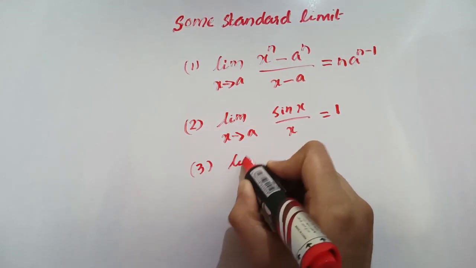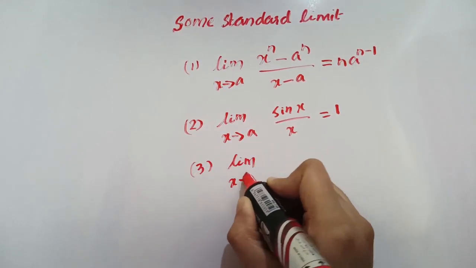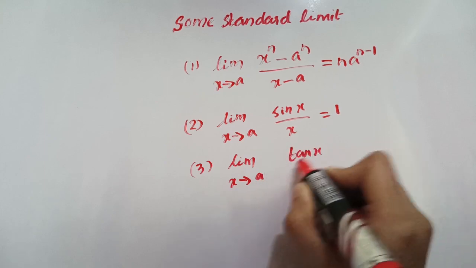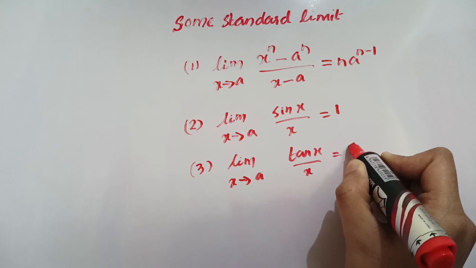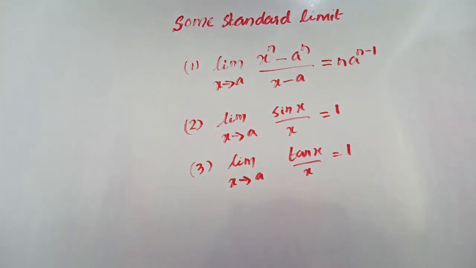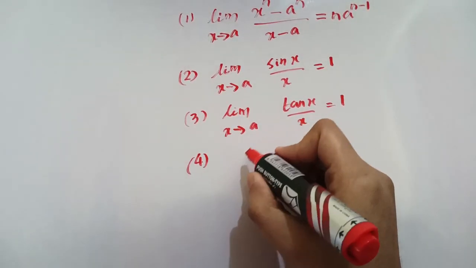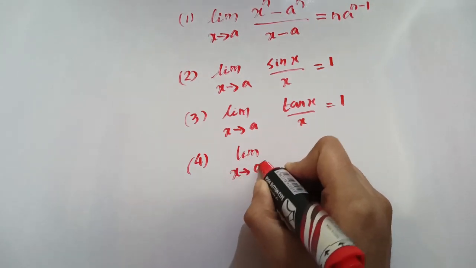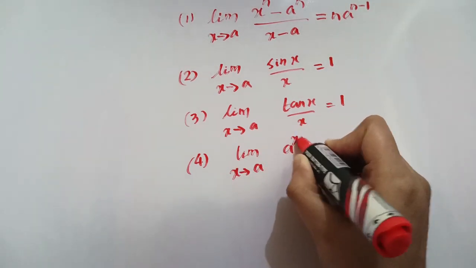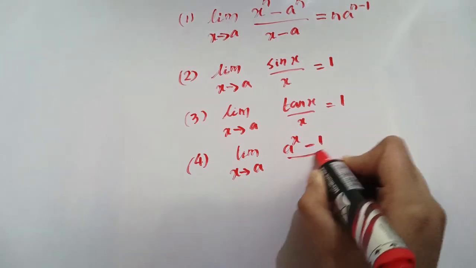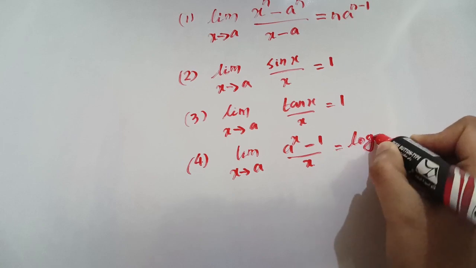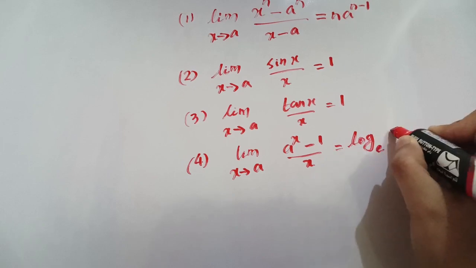Third one, limit x tends to 0, tan x by x is equal to 1. Next, fourth, limit x tends to 0, a raised to x minus 1 by x is equal to log a.